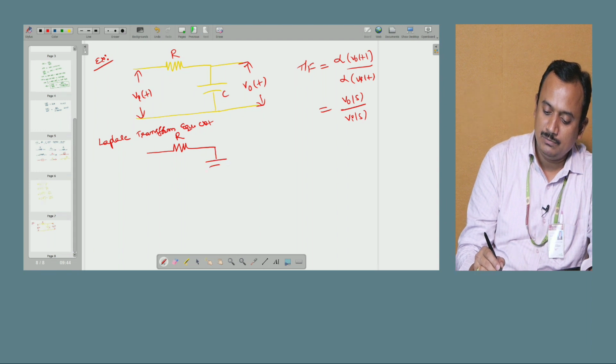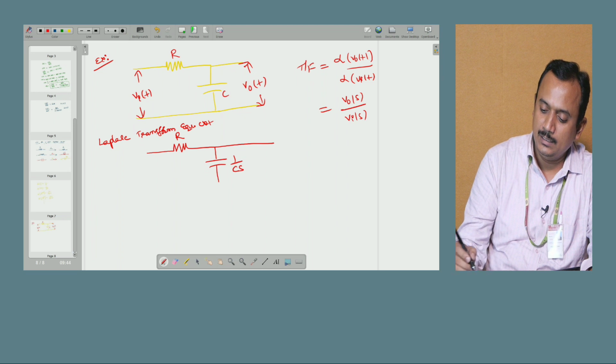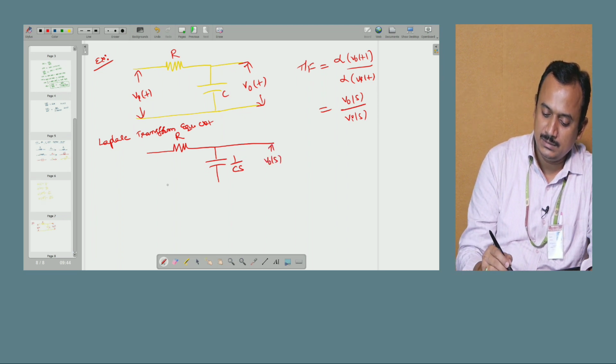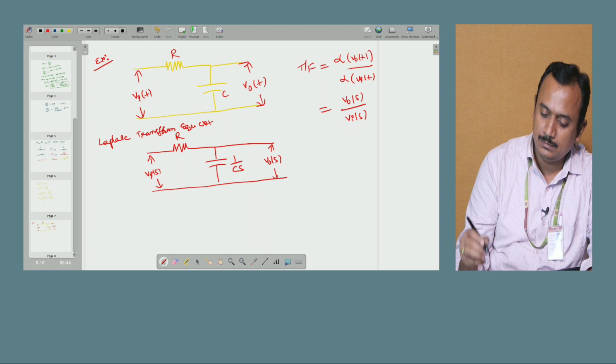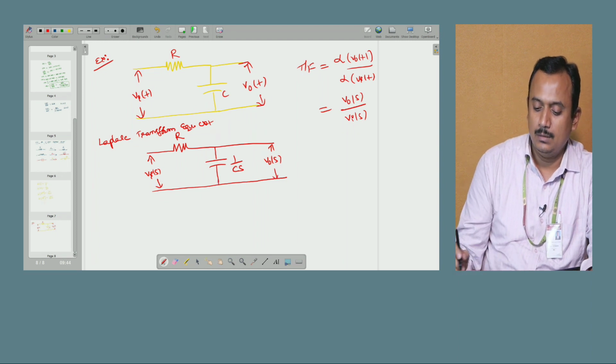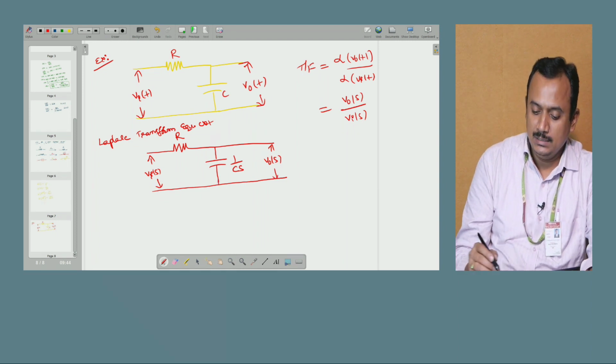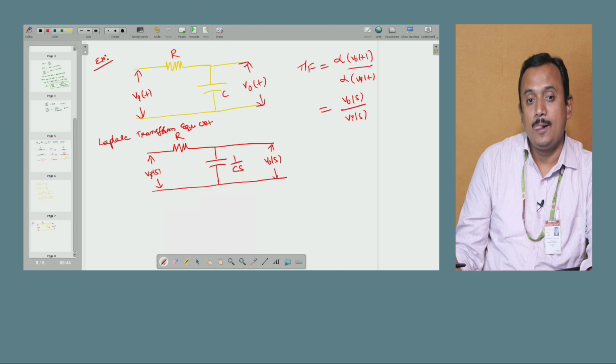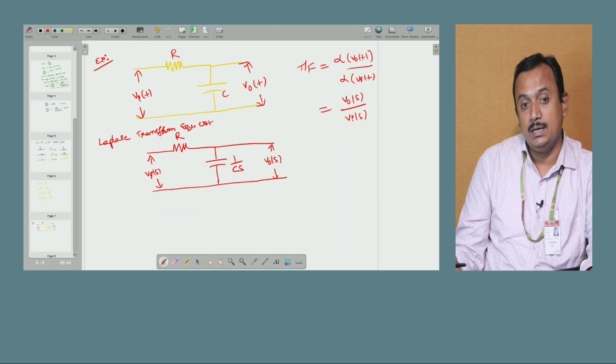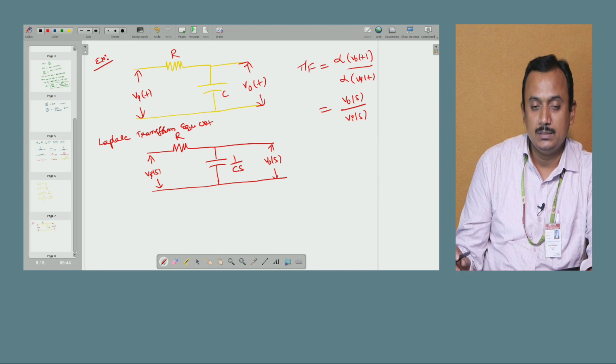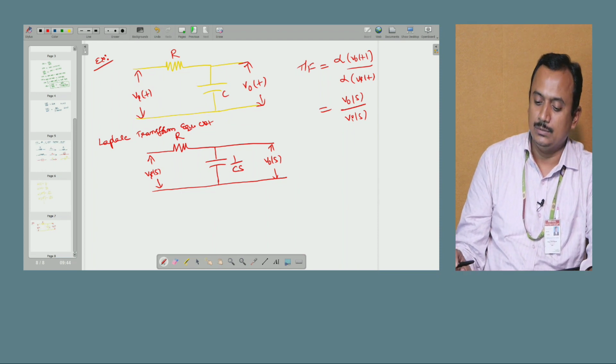And the Laplace transform of capacitance is 1 by Cs. Anyhow, I wrote the Laplace transform of output as V naught of S, and the Laplace transform of input is Vi of S. Since the R and C are in series, I can go with a simple voltage division rule.